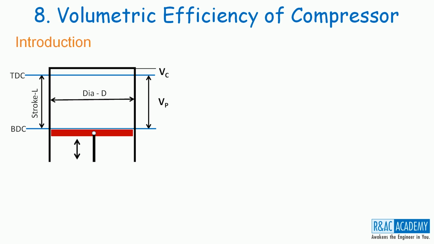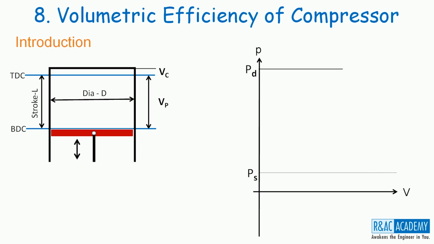Let us plot what happens with this arrangement on the PV coordinate system. All activities related to this piston cylinder arrangement of the compressor happen within certain limits. On the pressure side, the limits are PD and PS. PD is nothing but the discharge pressure, and it is synonymous with condensing pressure.